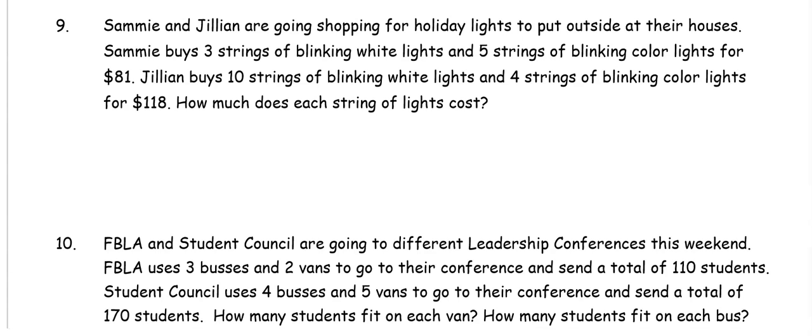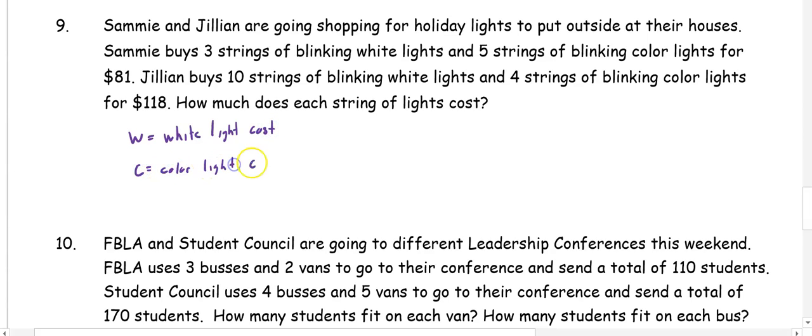So the 2 string lights that we are trying to find the cost of are white and color. So we're going to use W for white lights cost, and C for color light cost. So each sentence gets its own equation. So Sammy buys 3 strings of white and 5 strings of color for $81.